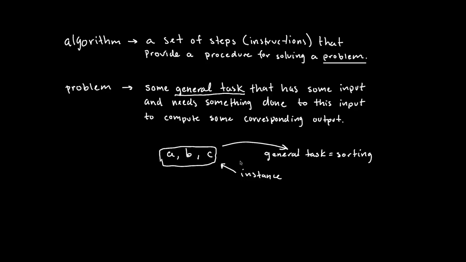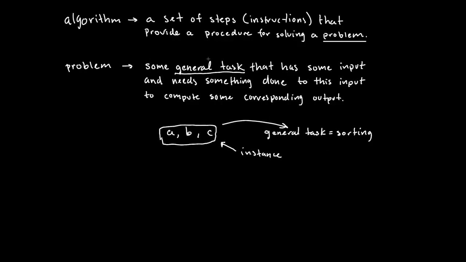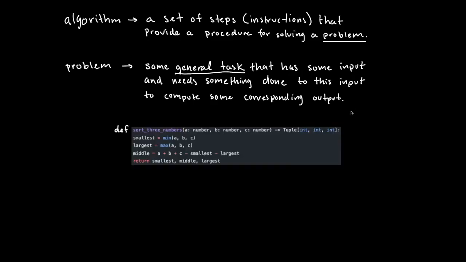Consider our three numbers again, A, B, and C. Let's look at a simple example of how we would sort these numbers using some code. I'm going to go ahead and get rid of this. Just remember the importance of recognizing an instance of a problem and the general problem that we are trying to solve here. So I went ahead and pulled up a small snippet of some Python code.